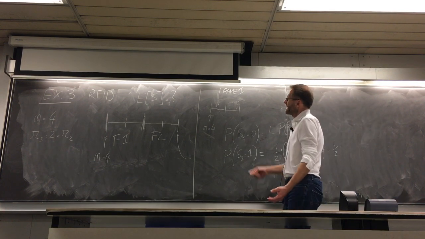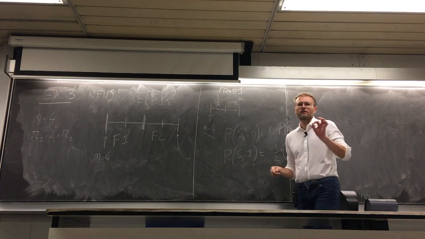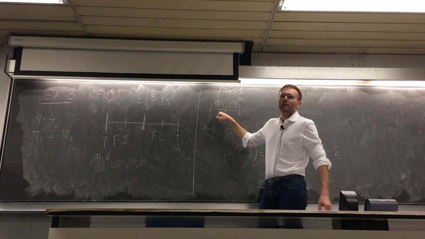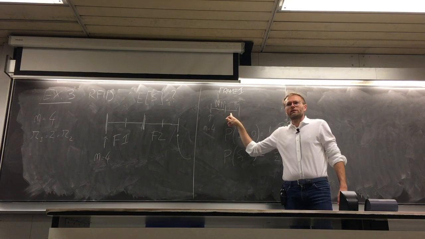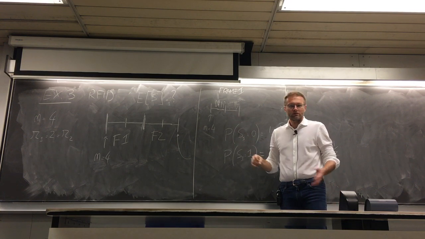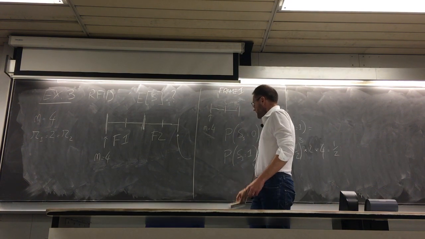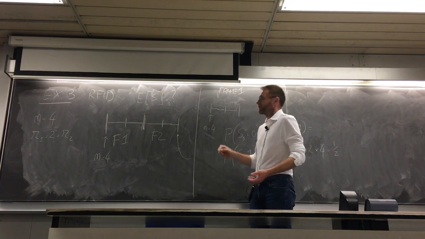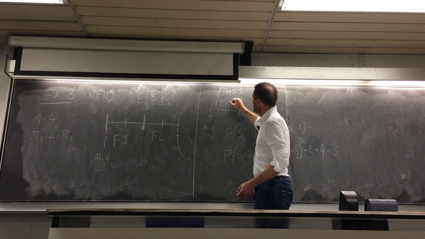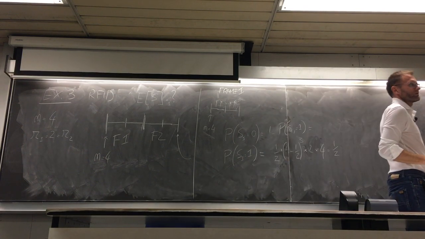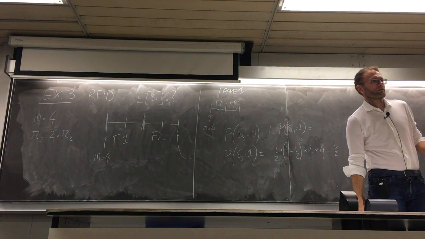So at the end of this frame I have 0 tags solved if they all choose the same slot, so they all go here, or they all go here. So that's one way. Or I have 0 tags going through if they split 2 and 2. So 2 tags go here, and 2 tags go here. In any case, I have 0 successful transmissions at the end of the frame.